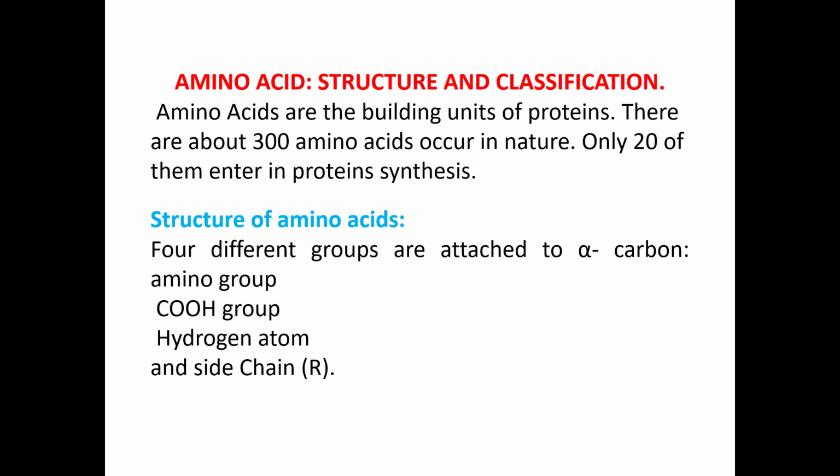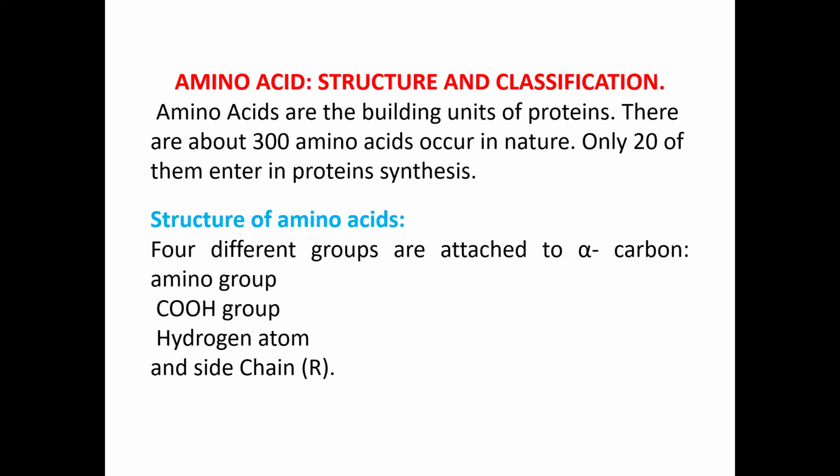There are about 300 amino acids that occur in nature, but only 20 of these are found in proteins in biological systems, where they are involved in many biological functions.